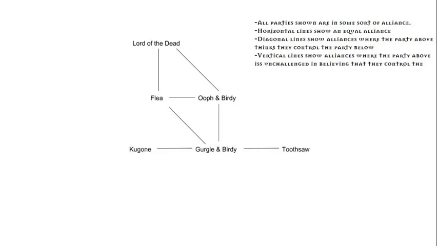Yeah. Birdie is a half goblin, half harpy folk. Okay. And she is married not only to another goblin, but to Oof, an ogre. Do they know about each other?